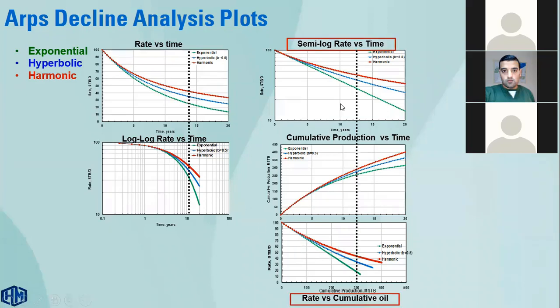As you can see, at any time t, for example at this point, the exponential decline will predict the lowest oil rate, which means that by using the exponential decline, the predicted reserve or predicted ultimate recovery will be the lowest value, or in other words, more conservative than the hyperbolic or even harmonic.